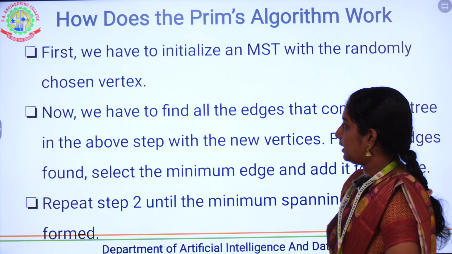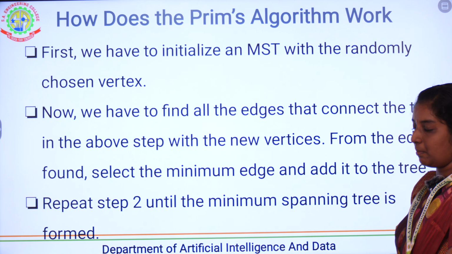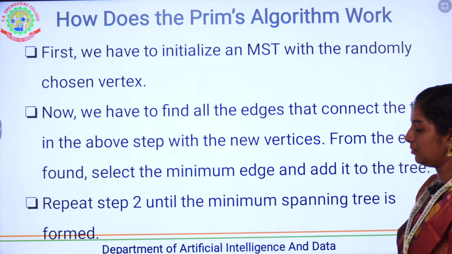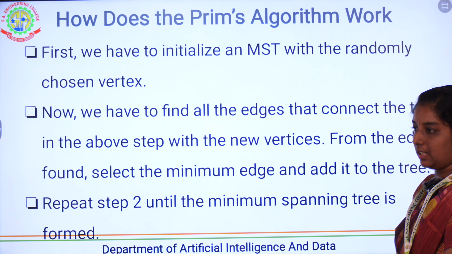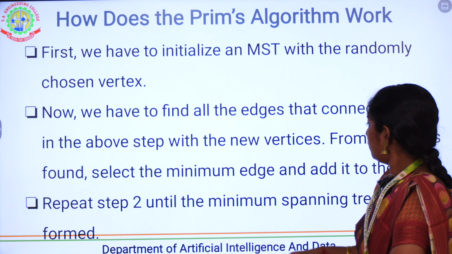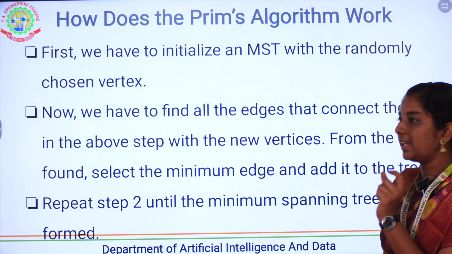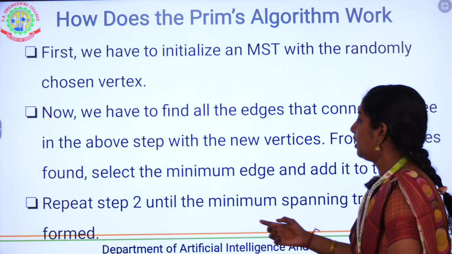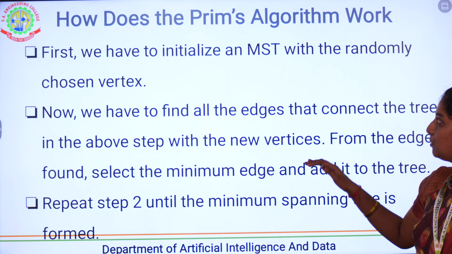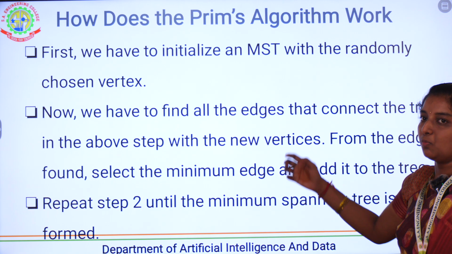In the second step, it calculates all the weighted values, whether minimum or maximum, comparing 2 or 3 nodes. It takes the minimum spanning tree method to involve all the vertices and select the minimum value for the weighted or unweighted graph. In step 3, until the minimum spanning tree is complete, it loops steps 1 and 2.